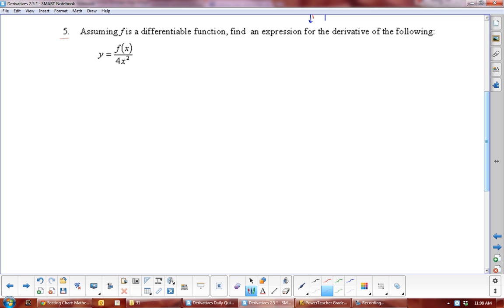Number 5. This one is just using f of x. So this one would definitely help you understand or verify if you know how to do the derivative.